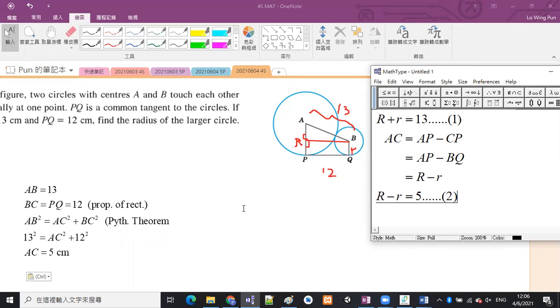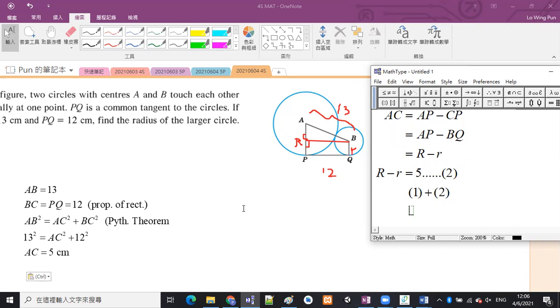Because the question just asks us to find the radius of the larger circle, I just want to find the big R. So when I add equation 1 to equation 2, we have 2 big R is equal to 13 plus 5, that is 18.